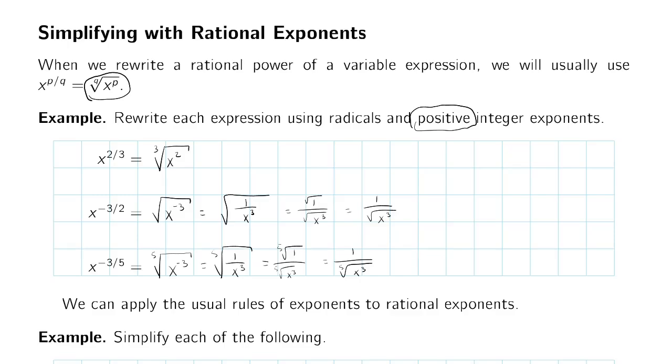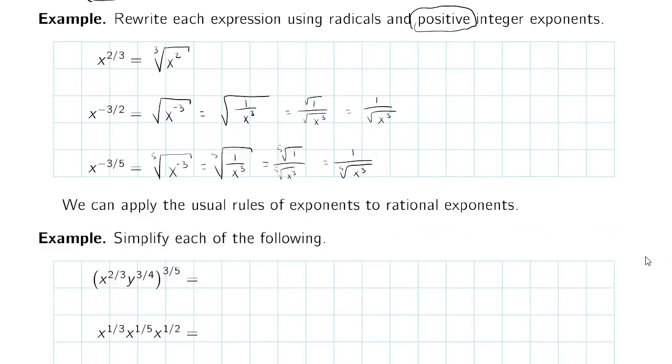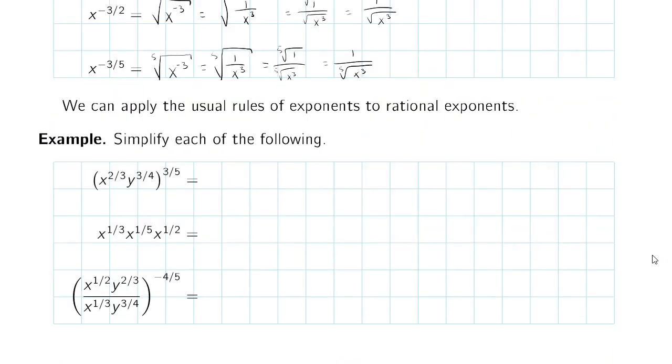Now, we can also, of course, apply the usual exponent rules to our rational exponents. We defined them the way that we did so that the usual exponent rules would continue to apply. So if we have expressions that combine various rational exponents, we can use, for example, the power of a product rule to say x to the 2/3 times y to the 3/4, all to the 3/5.